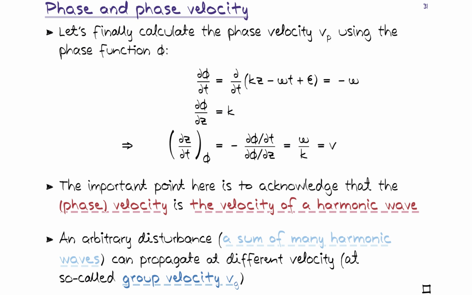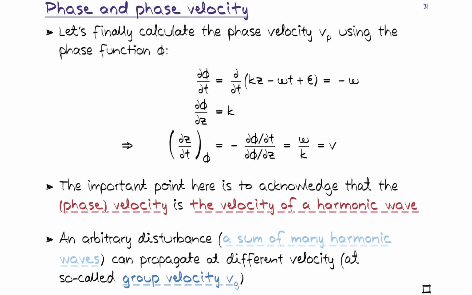So then you would be dealing with these concepts of group velocity and the group index of the medium. But in our course, we do not need to go into these complications. It's just enough for us to know that there's phase velocity and there's group velocity. Phase velocity applies for harmonic waves, and group velocity is the one that we should use when we are dealing with anharmonic waves.